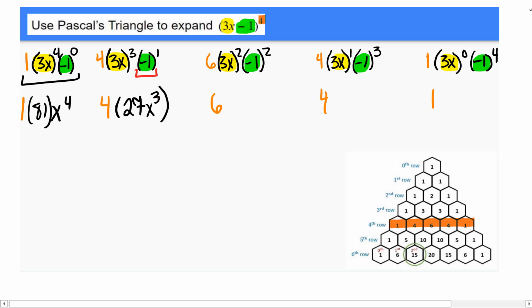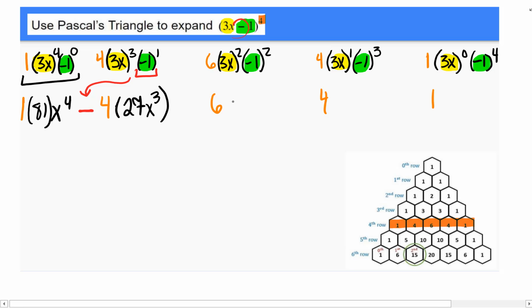It's not 27x cubed minus 1. It's all of this being multiplied. And so if it's negative 1 to the power of 1, that makes the result of this product negative. And that's why I leave the spaces, because it's not always plus, and so I don't want us to forget. I want us to take into account if this is a minus, then the signs will alternate for all the other terms, positive and negative.